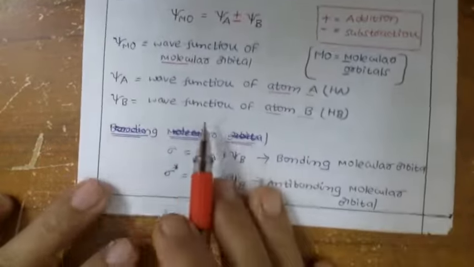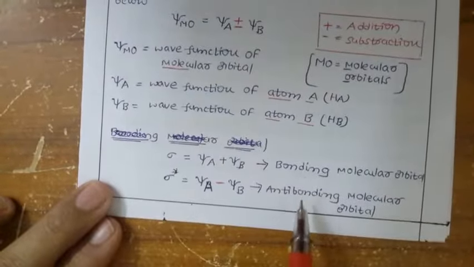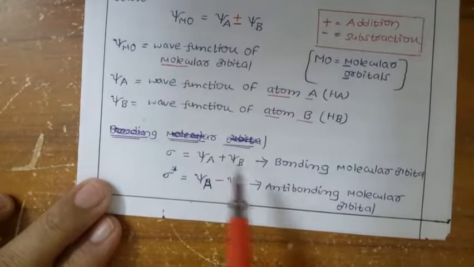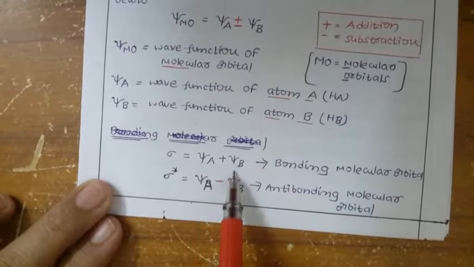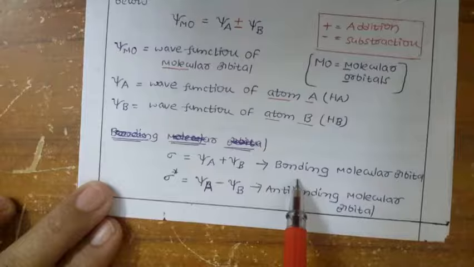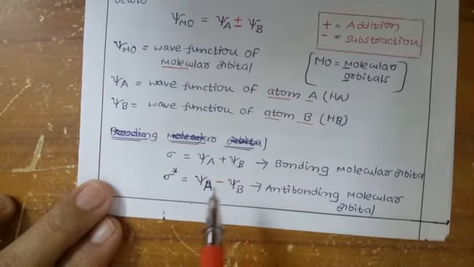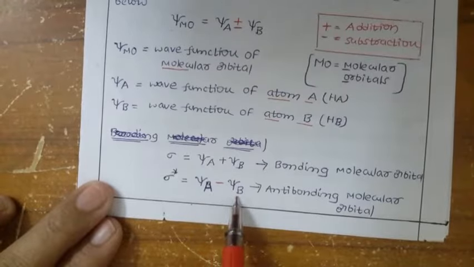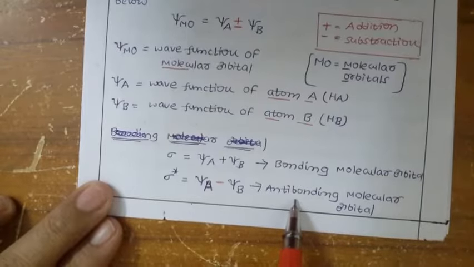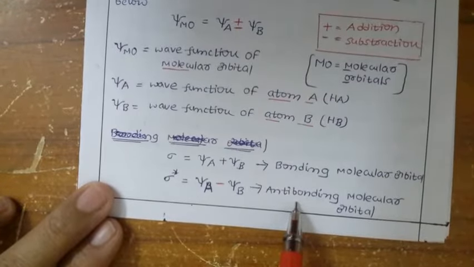Now, just now we discussed that we are getting the bonding and anti-bonding molecular orbital. If the orbital wave functions are added, we get the bonding molecular orbital. When the orbital wave functions are subtracted, we get the anti-bonding molecular orbital.